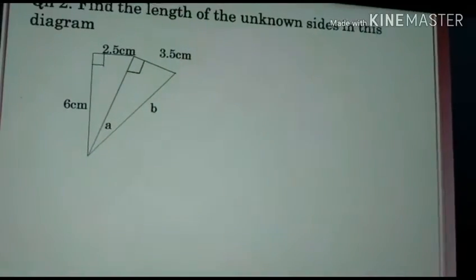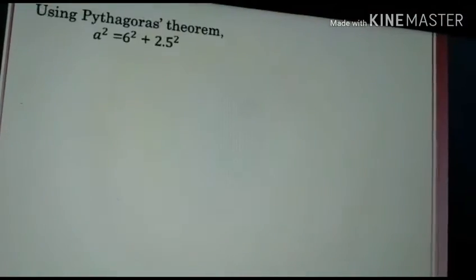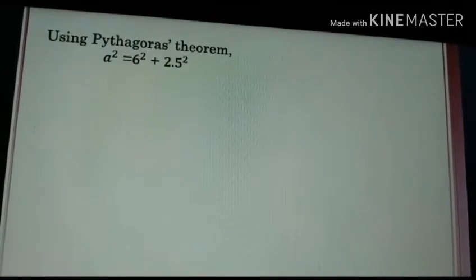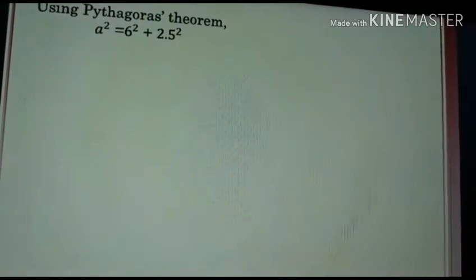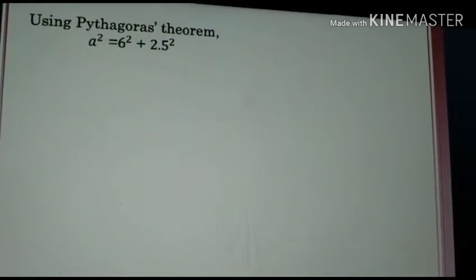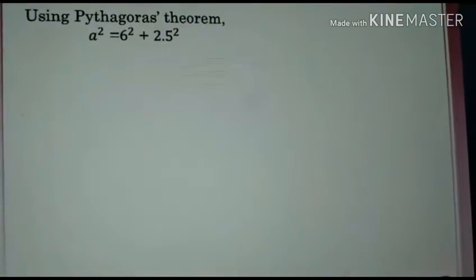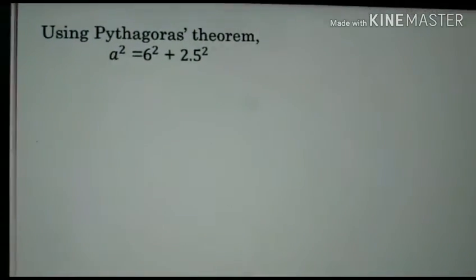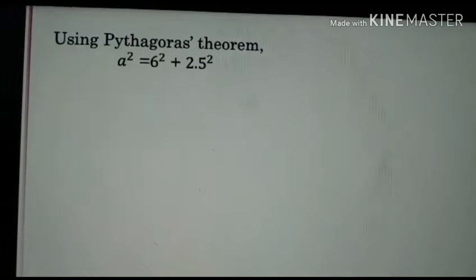So first we are going to consider the left side. First right angle triangle A, 6 centimeter, 2.5 centimeter, to find the value of A. Use the Pythagoras theorem. A square equals 6 square plus 2.5 square. What is 6 square?